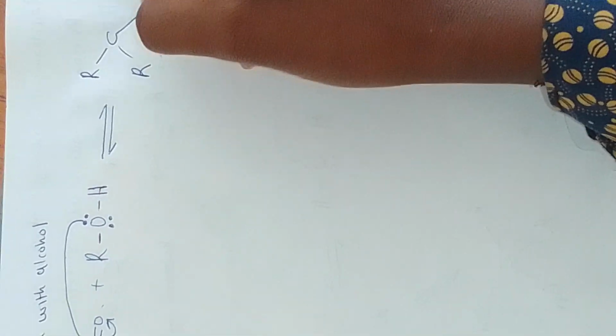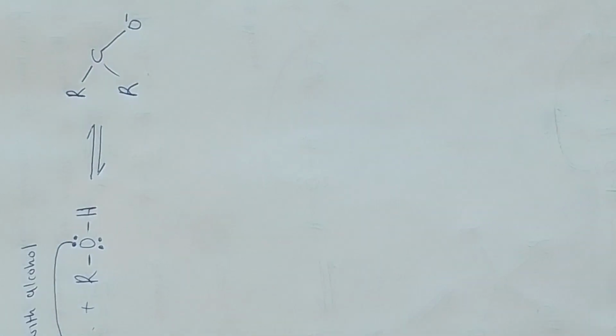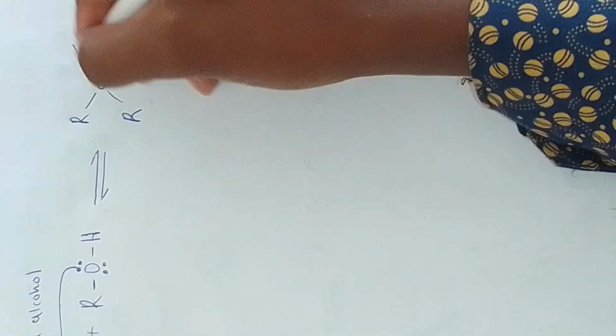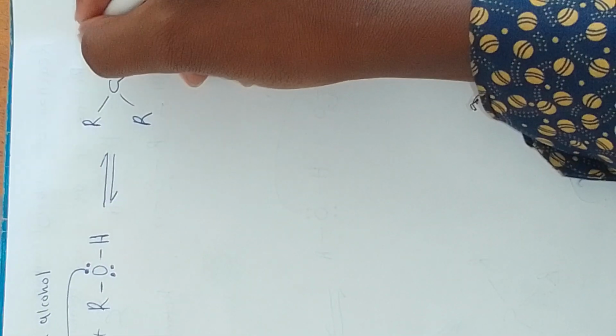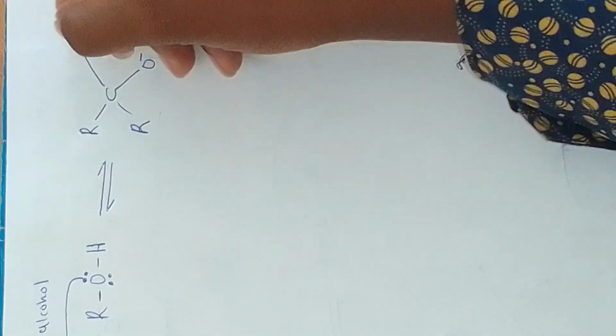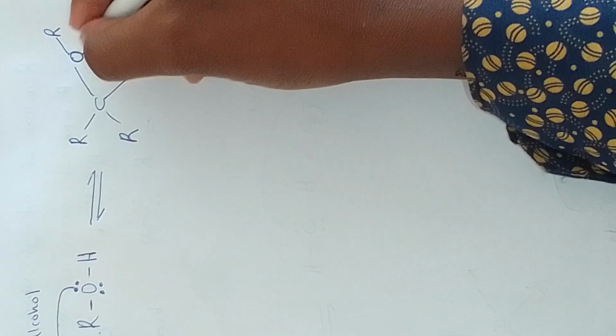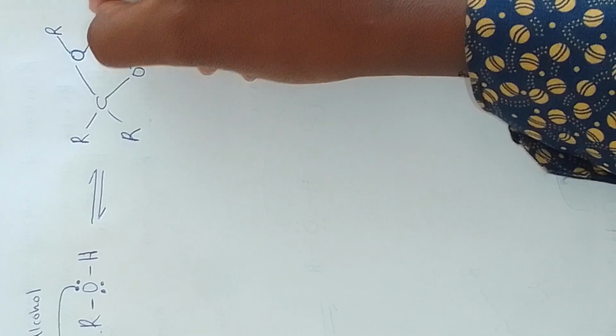This oxygen will be having more electrons, and this carbon now attaches itself to this oxygen. This oxygen is attached to this alkyl group and that hydrogen.